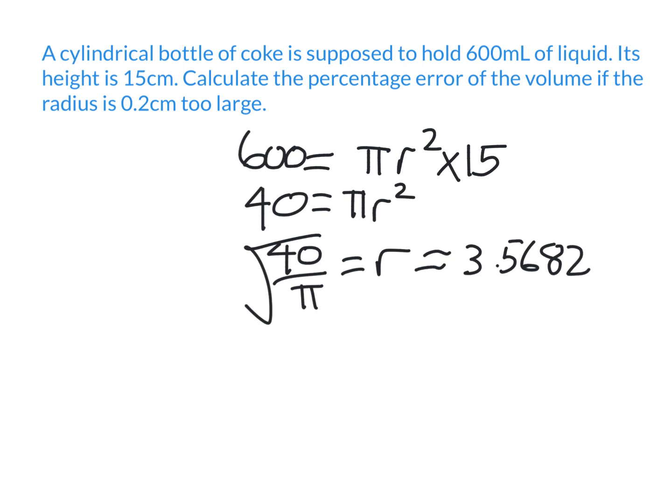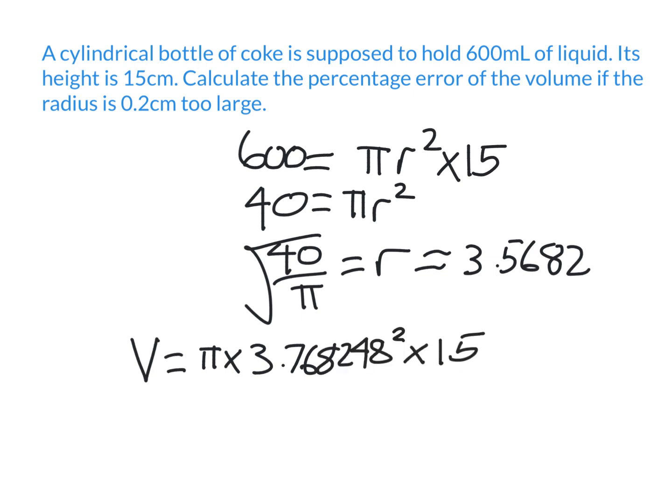If the radius is 0.2 centimeters too large, that means the radius is going to be this plus 0.2 centimeters. That means the volume of the bottle of Coke would actually be pi times 3.7682 and so on. So this would be the actual volume. On my calculator, I want to keep this, so I call it again using the answer function.